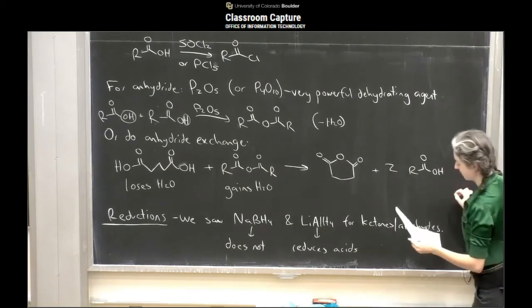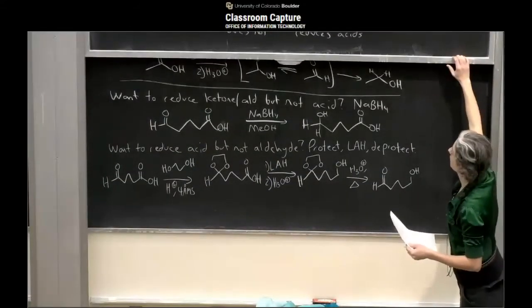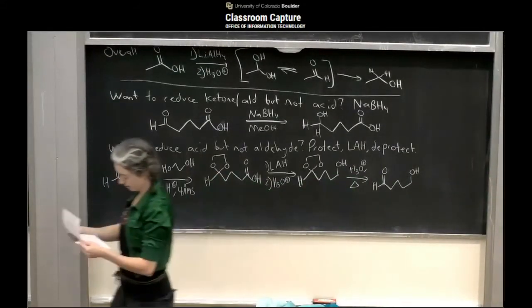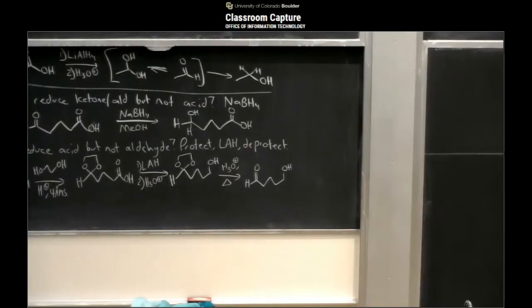Okay, cool. All right, so that about does it for converting acids to other acid derivatives for this chapter. We're going to see a whole lot of reactions going the other direction in the next chapter.